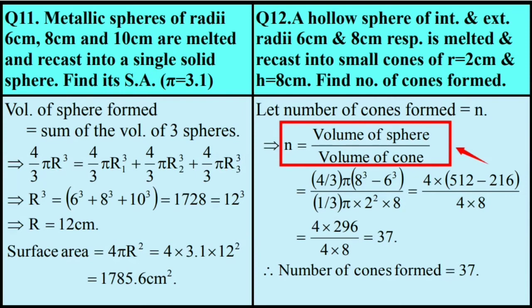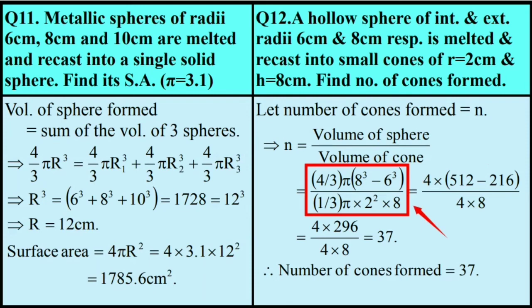Since the sum of the volume of all the cones generated is equal to the volume of the hollow sphere, hence the number of cones formed is volume of the sphere divided by volume of a cone. In this given expression, the numerator is the volume of the hollow sphere to be melted and the denominator is the volume of one of the cones formed.